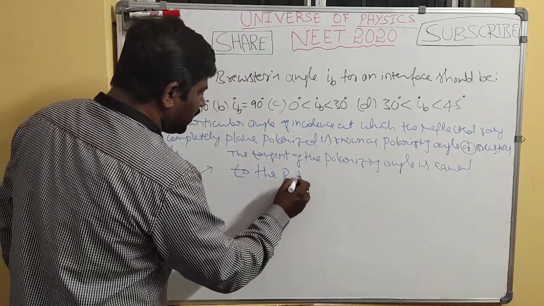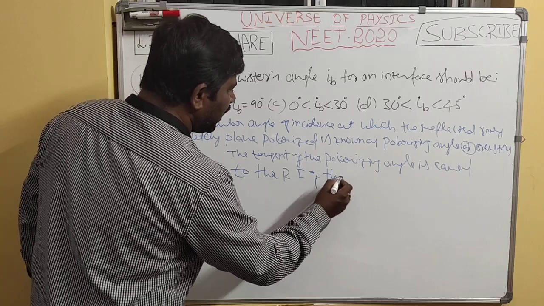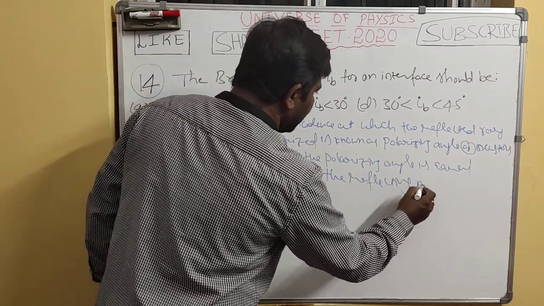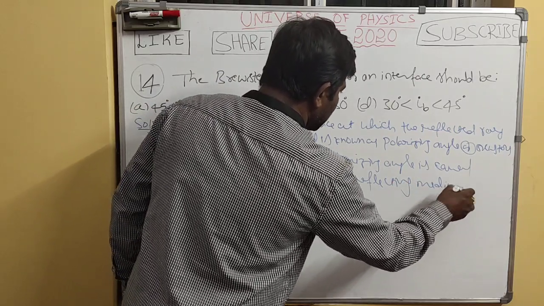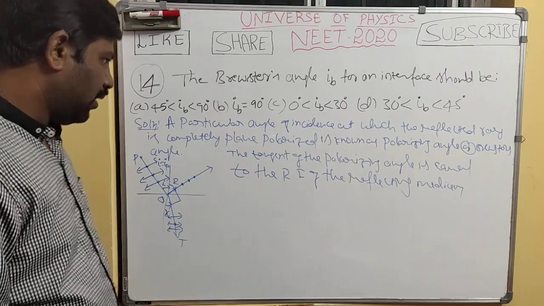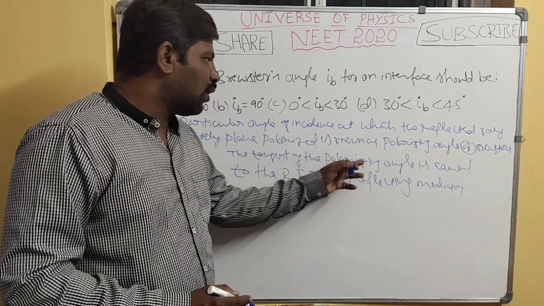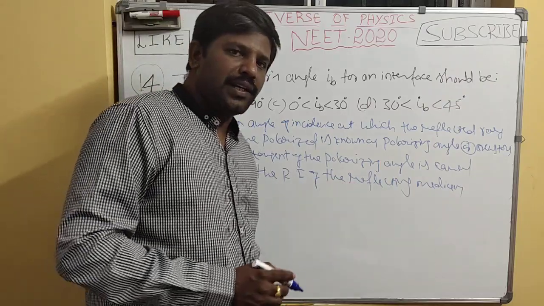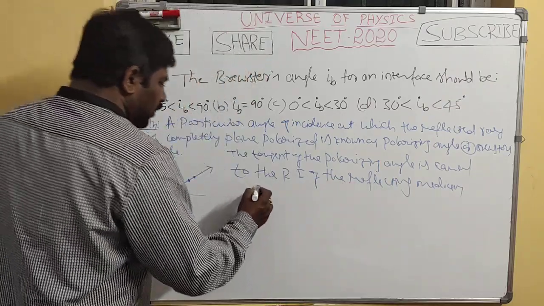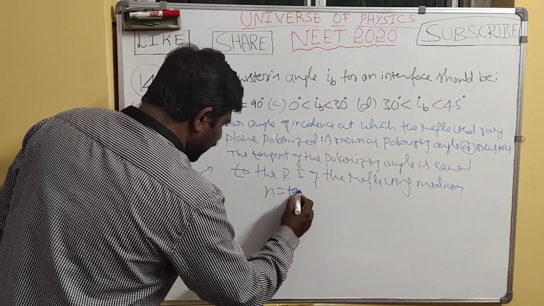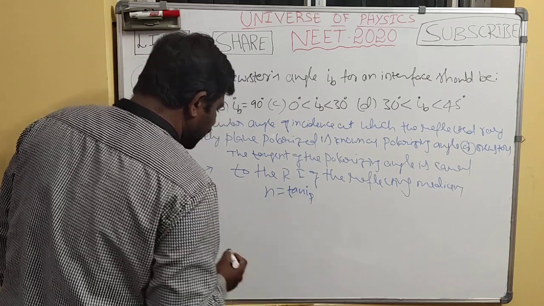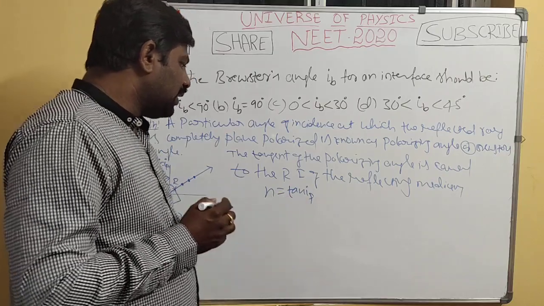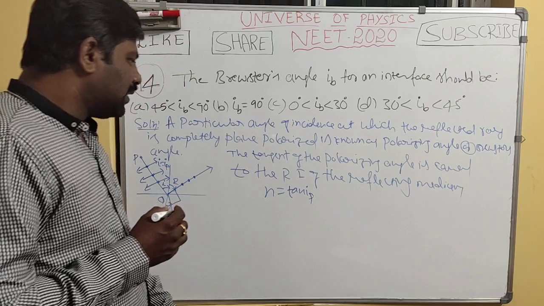The statement of Brewster's law is that the tangent of the polarizing angle is equal to the refractive index of the reflecting medium. That is, n is equal to tan IP. Here n is the refractive index of the reflecting medium and tan IP is the tangent of the polarizing angle.